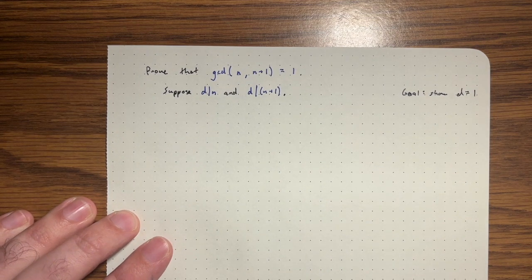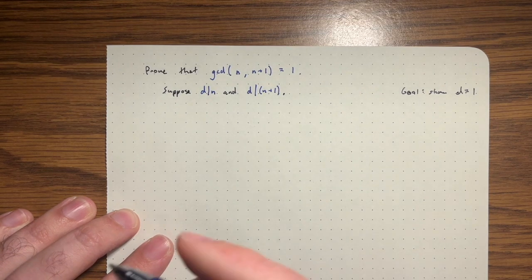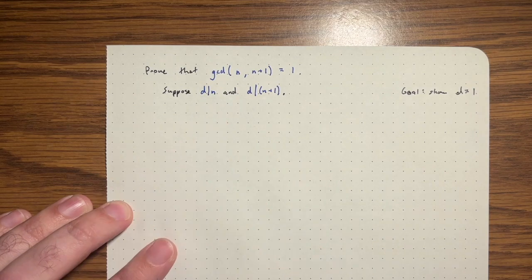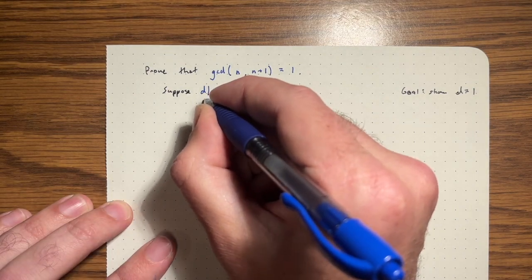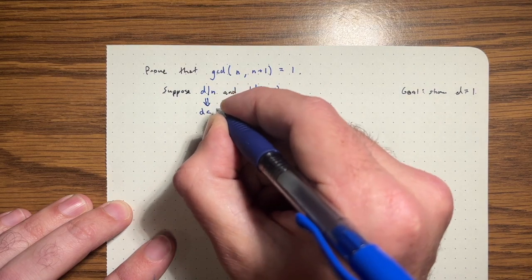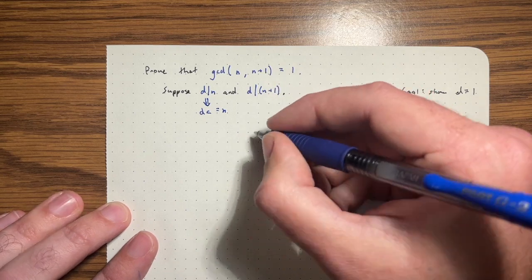Okay, how do we do that? When in doubt, just go straight back to the definition. What does it mean for D to divide n? This means that D times some number C equals n. What does it mean for D to divide n plus 1?